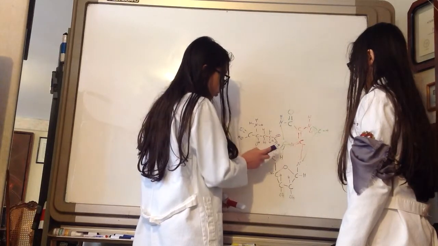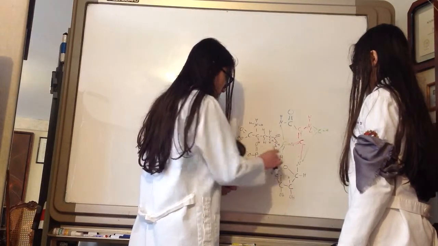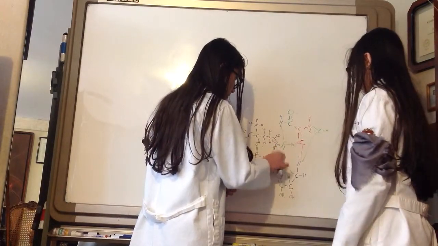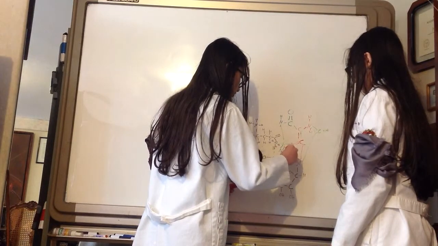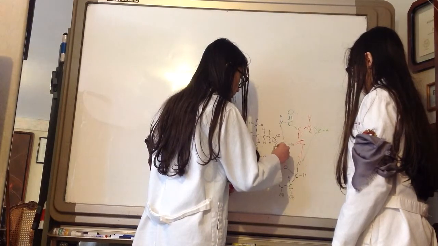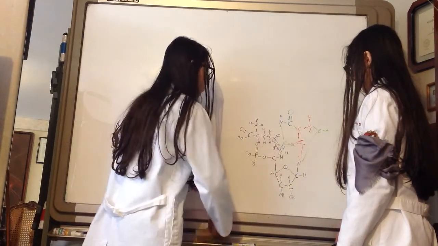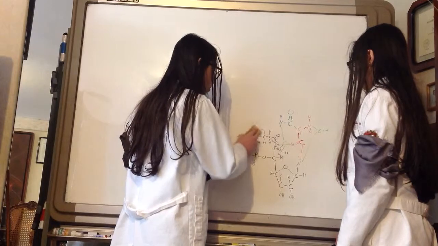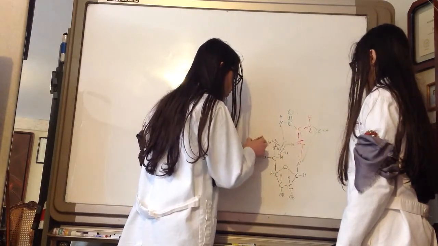Now this amino group is going to be attached here instead of the oxygen. And so now we have GMP, which is guanosine monophosphate.